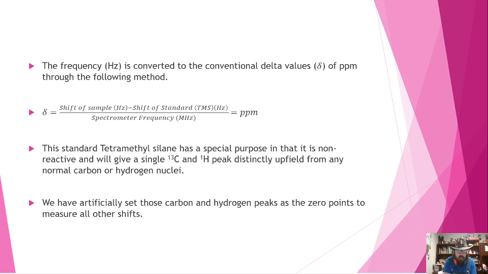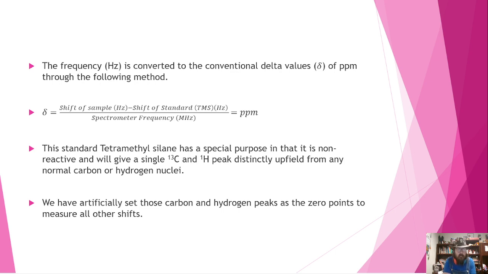They're pulling electron density from that silicon to the carbons, and so they go upfield, much further upfield than most carbons will usually go. The same thing is going to happen to that hydrogen. Since those hydrogens are attached to that carbon, which is attached to the silicon, there's going to be more electron density around that carbon, which means there's more electron density around those hydrogens.